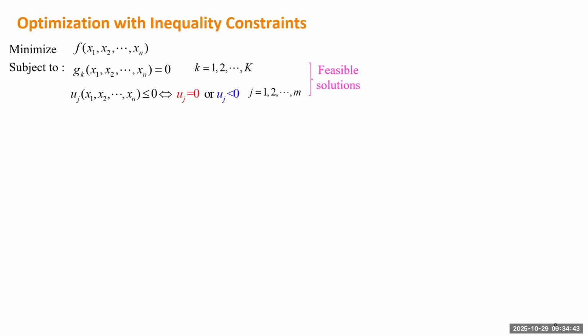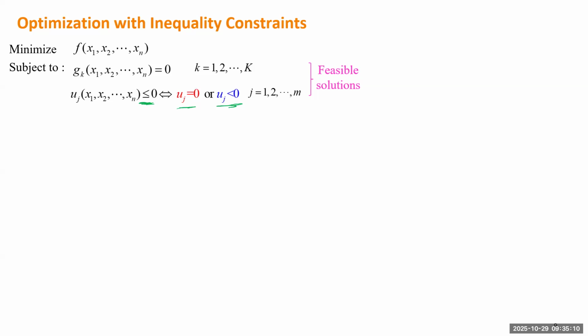Any inequality constraint will be written in this way, with U either less than 0 or equal to 0. Which is equivalent to 2 constraints. If either one is satisfied, that will be considered a feasible solution.